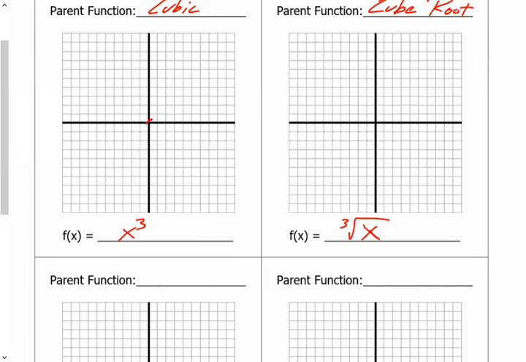So when I did this, these points were fine, but 2 cubed right here, 1, 2, 3, 4, 5, is right there. And negative 2 cubed is negative 8. These are my graphs right here. There we go. And then over here, they're going to be the same thing.